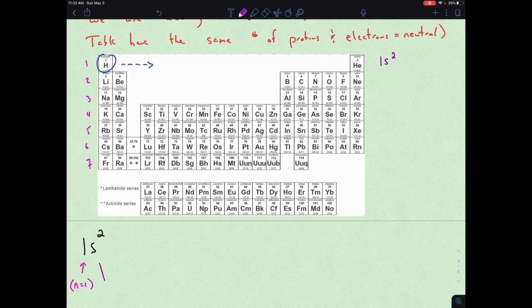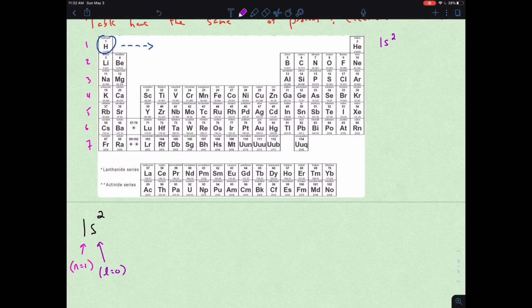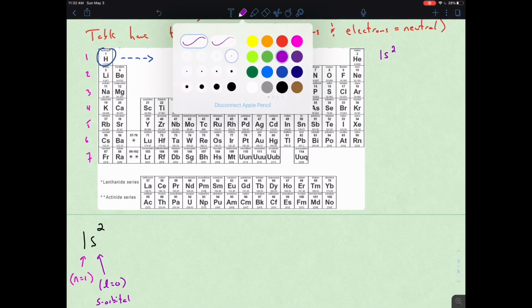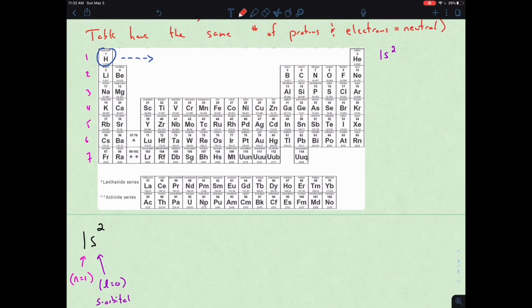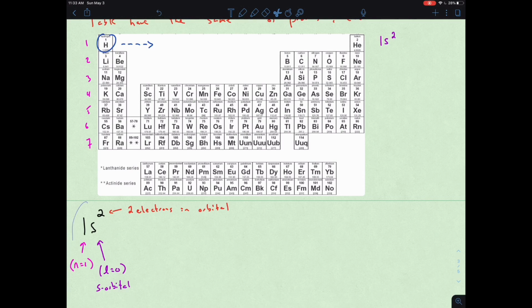We have s, which is our l equal to 0, or our s orbital. And then we have 2 electrons in the actual orbital that is there.